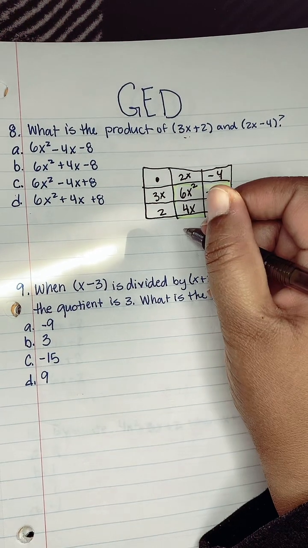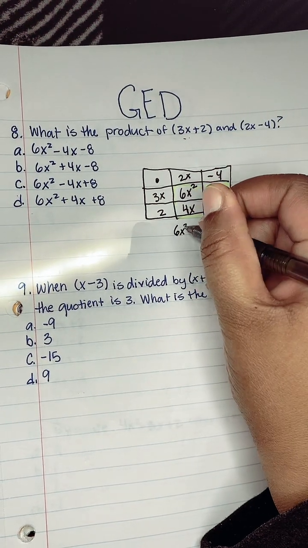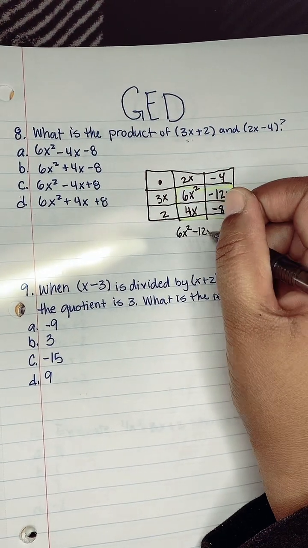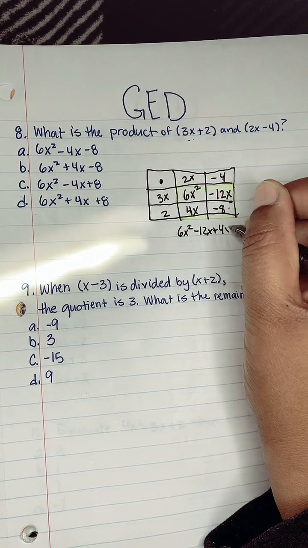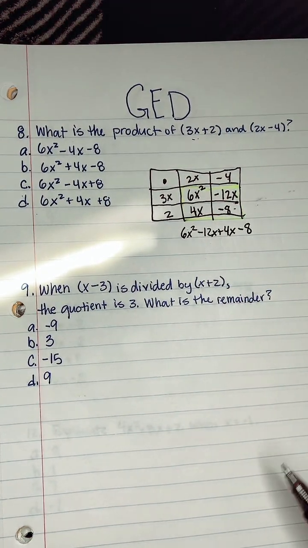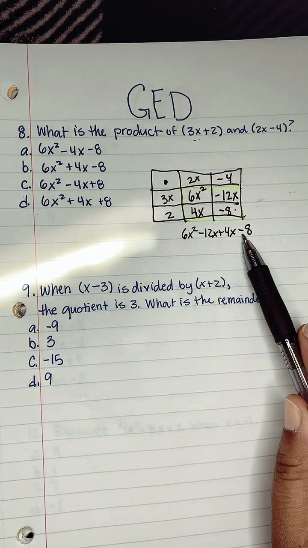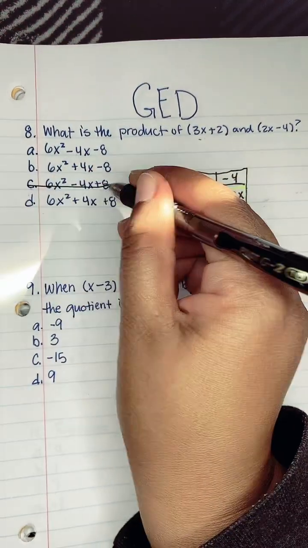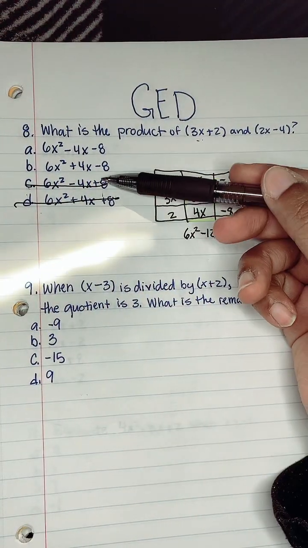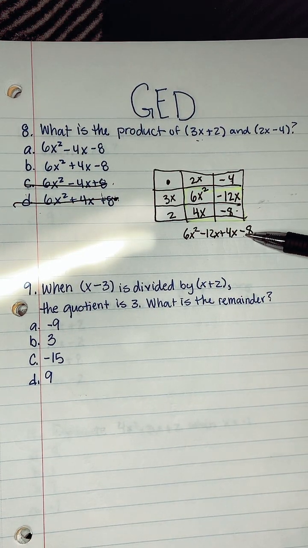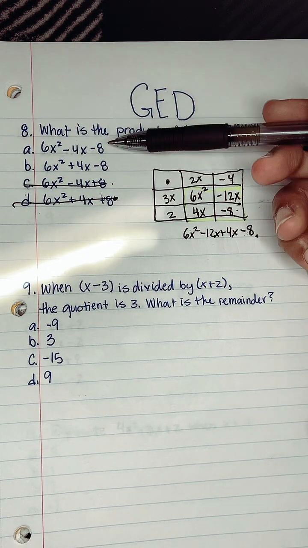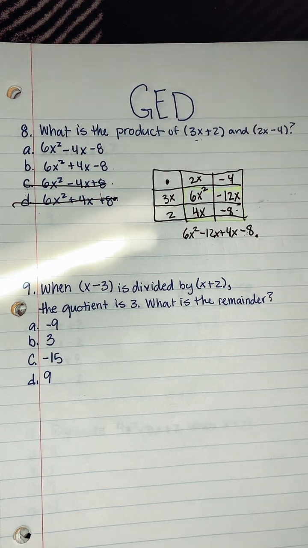So we have 6x squared minus 12x plus 4x minus 8. Now, with me seeing this and this, I know C and D are out because these are positive 8s and we got -8. So now we have a 50-50 chance.